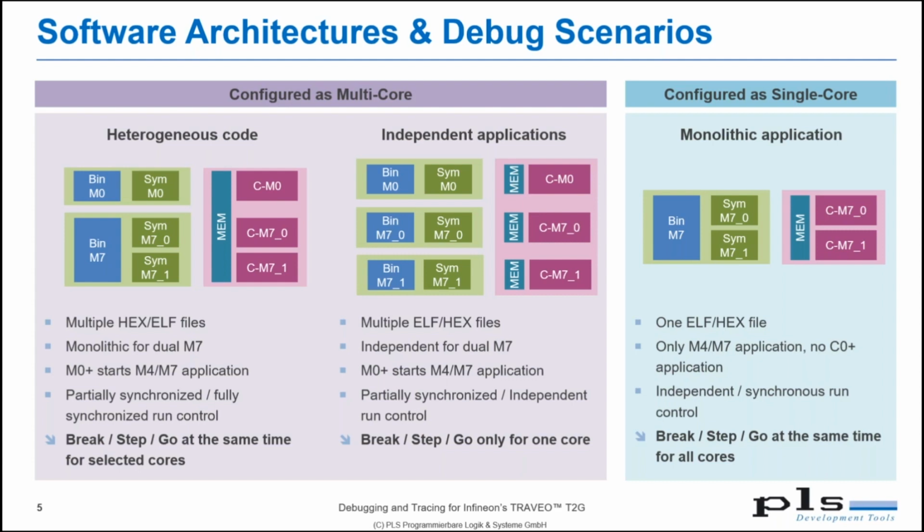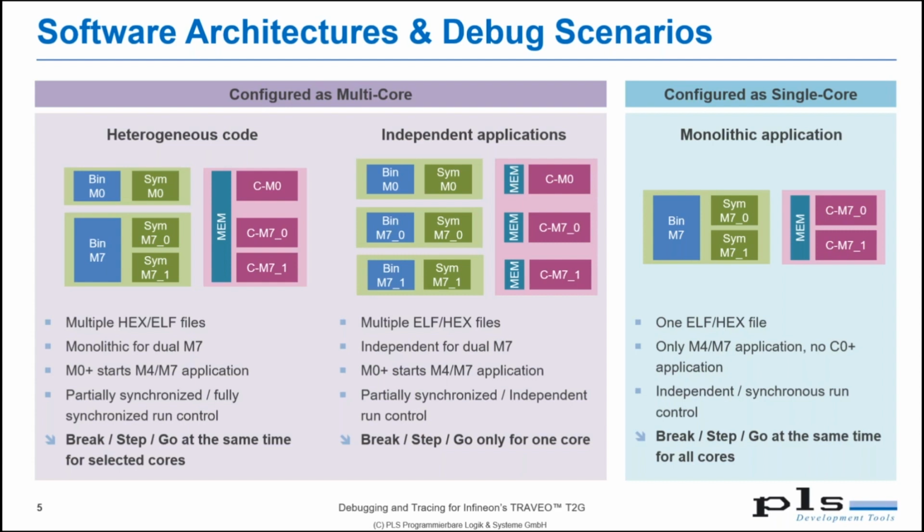Then this HSM application starts the main CPU application that is running on the M4 or the M7 cores. If you have configured the TRAVEO to be a single core device, then only the main core, or in the case of a dual core configuration, the main cores are started, and there is no HSM involved anymore.